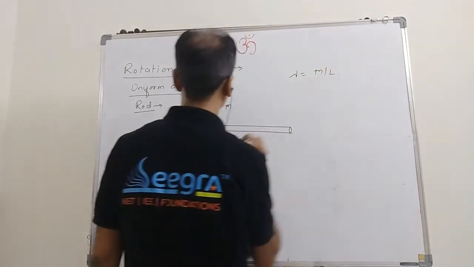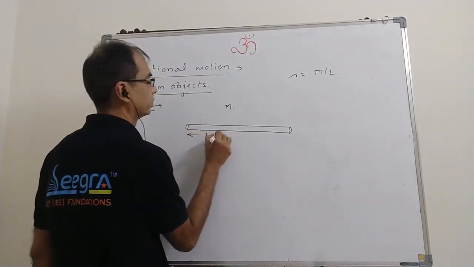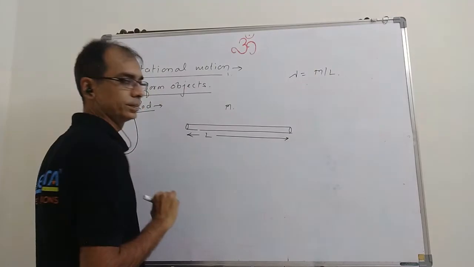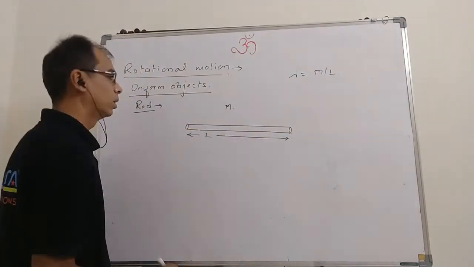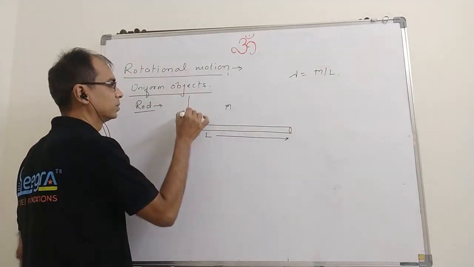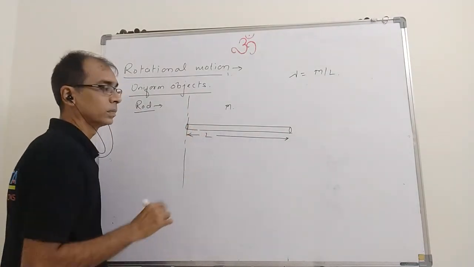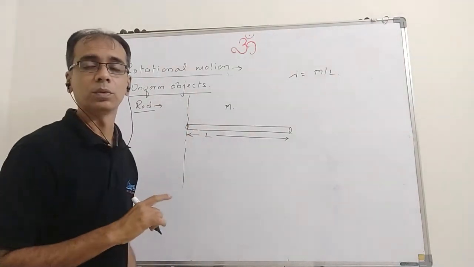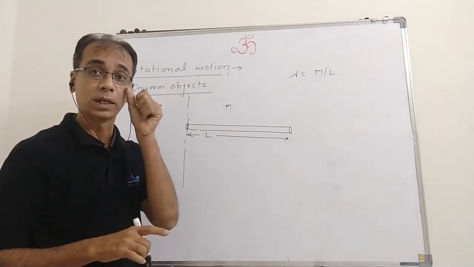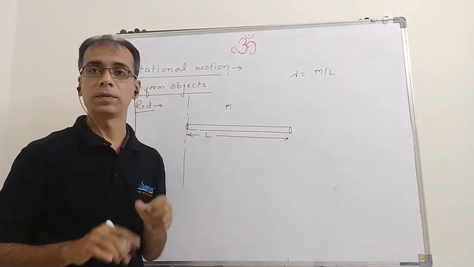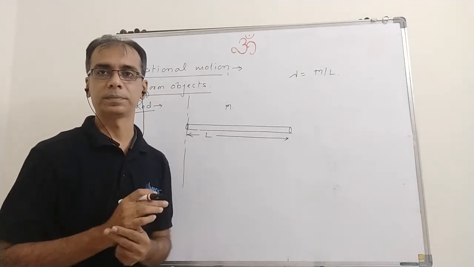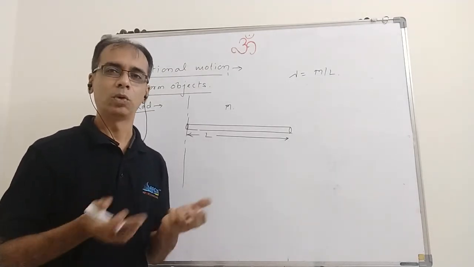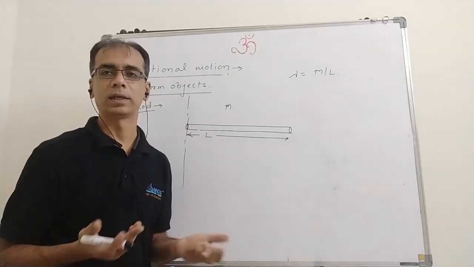Remember that, though I'm not going to use it. Now, where shall we take the axis? Let's say the axis is passing through its end. Whatever I am telling you right now, you all have to remember. These are very, very important formulas which will be used, so we have to mug them up. No doubt about that. The more you practice, they will automatically be there in your mind.